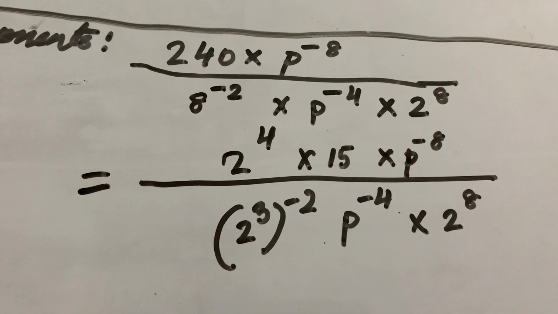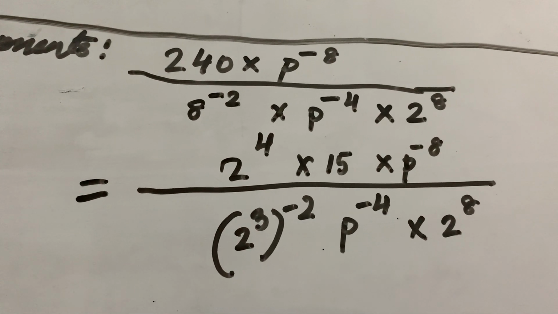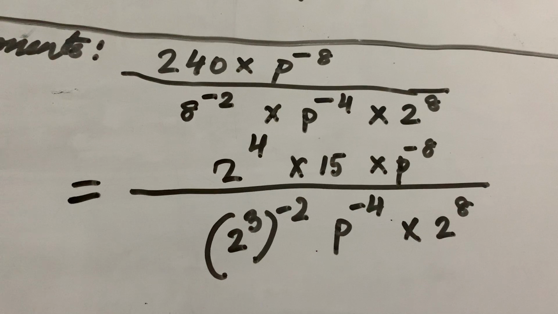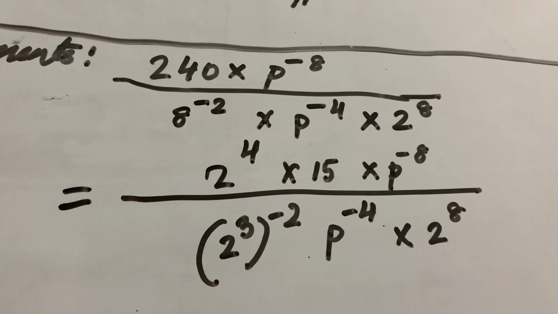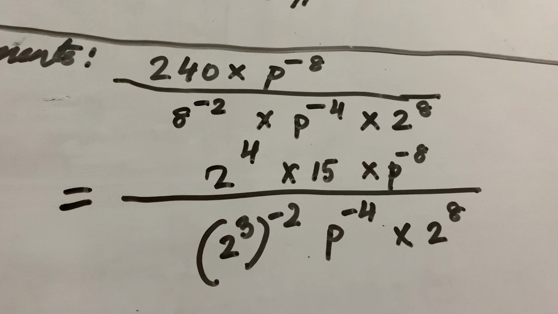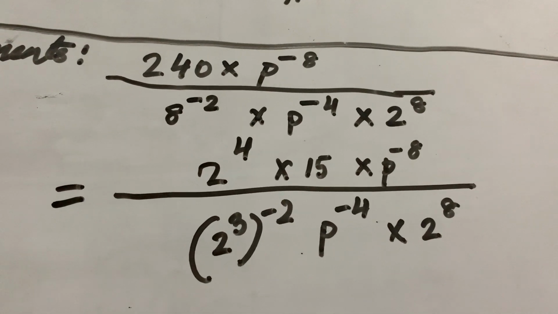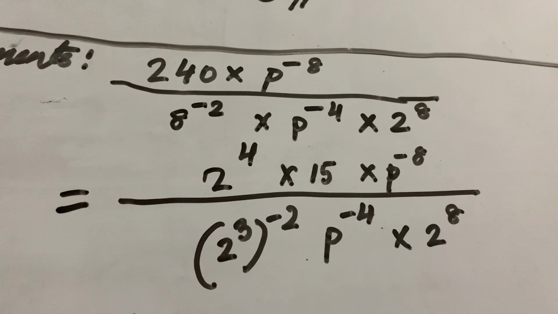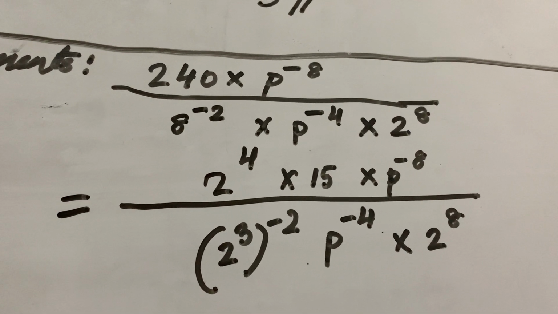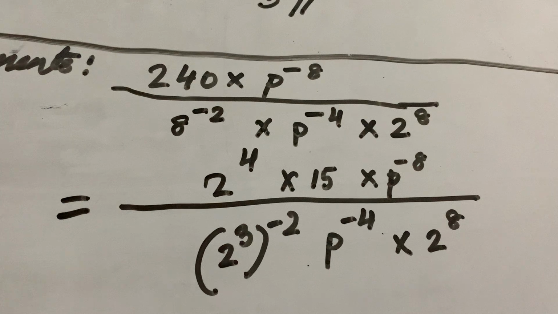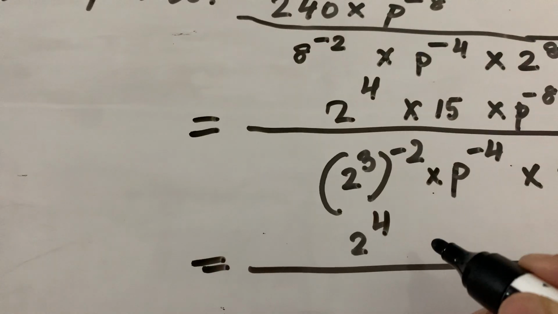So 240, we can write it as 2 to the power 4 into 15 into p to the power minus 8, and in the denominator we have, instead of 8 we are writing 2 cube to the power minus 2 into p to the power minus 4 into 2 to the power 8.